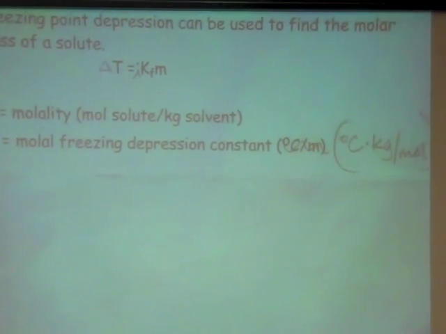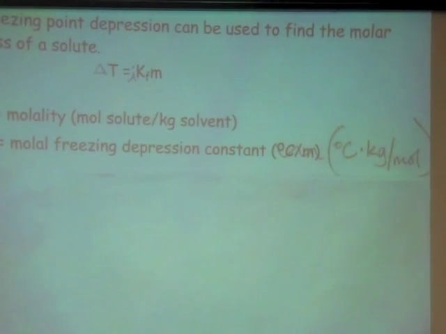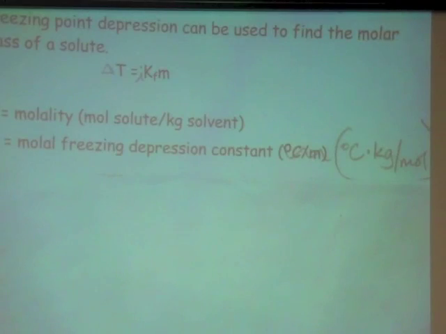K sub F is the molal freezing point depression constant for the solvent. And like it says, it's a constant, so it's different for every solvent. And its units are degrees Celsius kilograms per mole.